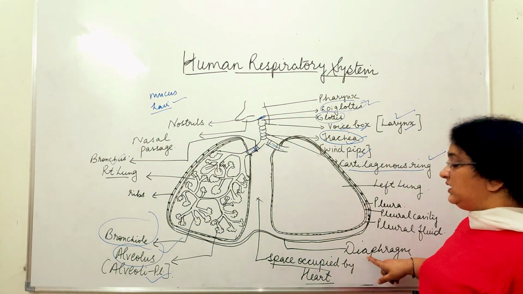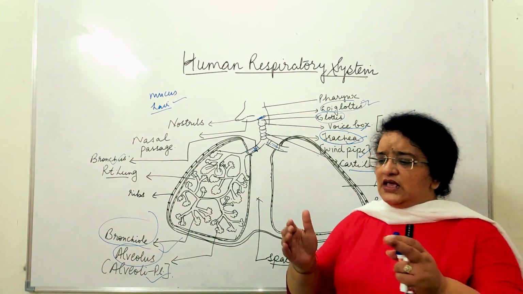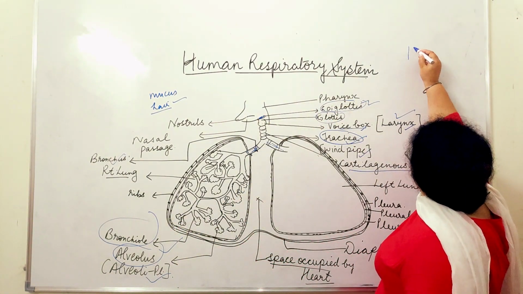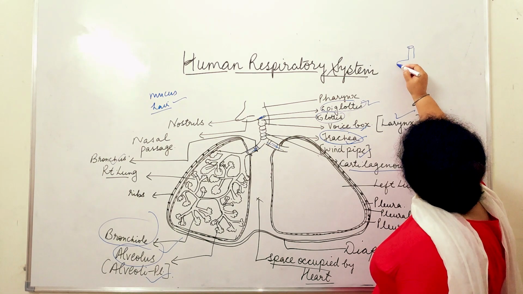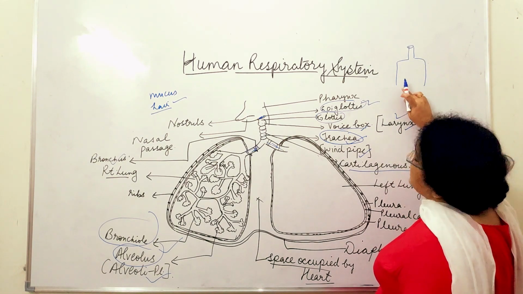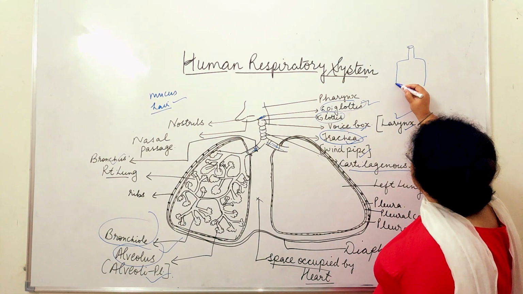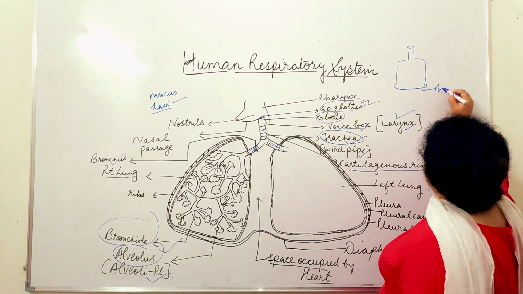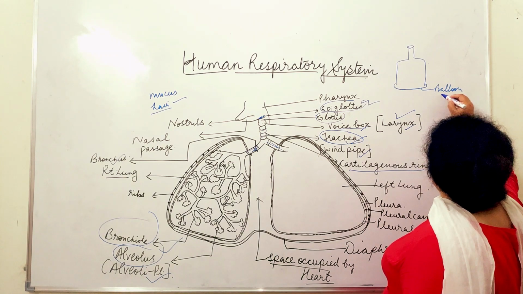called the diaphragm. It is just like if you take an open, wide-mouth bottle, you can take it as a single lung, keep it open and just fix a balloon sheet over it.